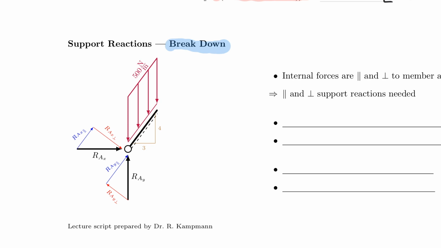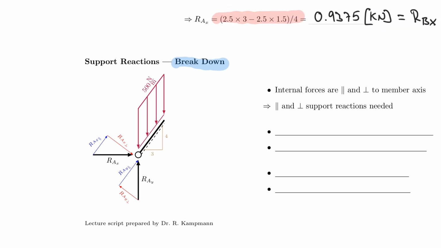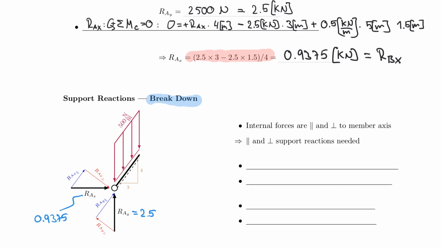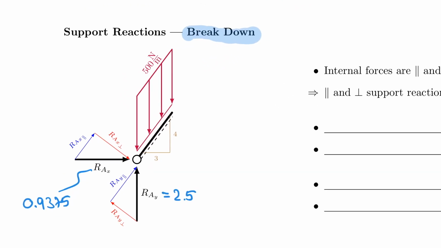So maybe the first step I should do is bring down my actual results here. And so I had RAY being equal to 2.5 and RAX was equal to 0.9375.